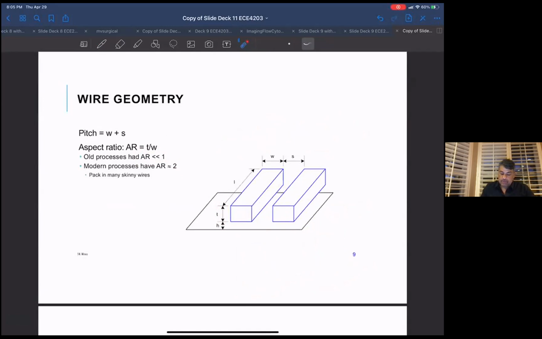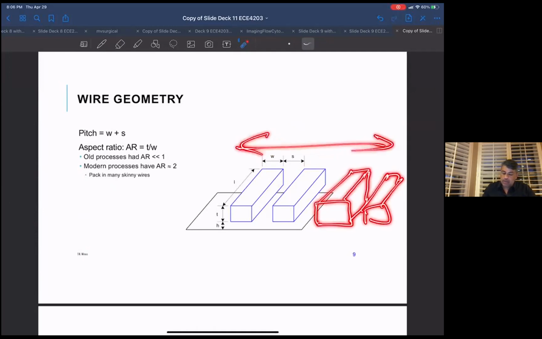And the pitch, which is an important thing, is basically how much can you replicate these lines. A lot of times you're running line after line next to each other, with a limited width.